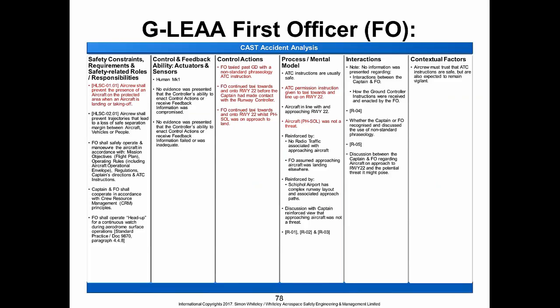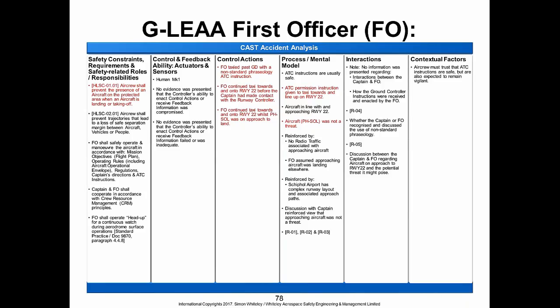So on the left-hand side, I've essentially listed the safety constraints, requirements, and safety-related roles and responsibilities that are included or implicitly mentioned in the incident report, but also those that logically must exist, such as the captain and first officer shall cooperate in accordance with crew resource management principles.